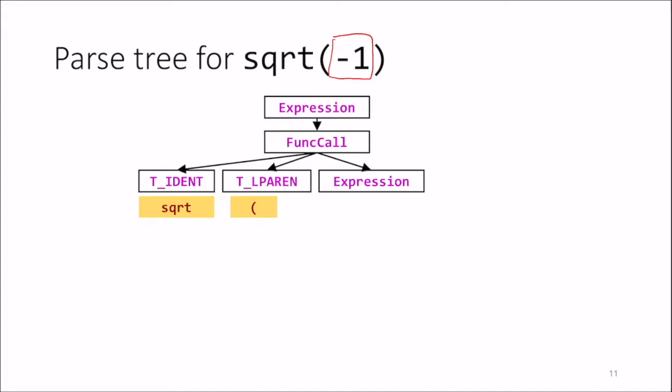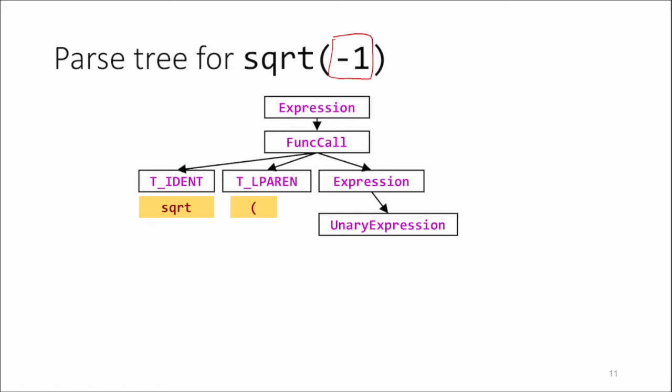I'm assuming here a simplified kind of syntax where you can have functions with only one argument, just for the sake of simplicity. So this expression is now actually not just a generic expression, it's a specific type of expression, which is a unary expression.